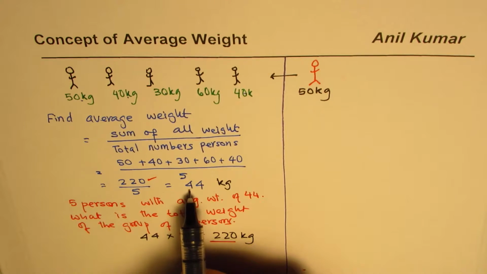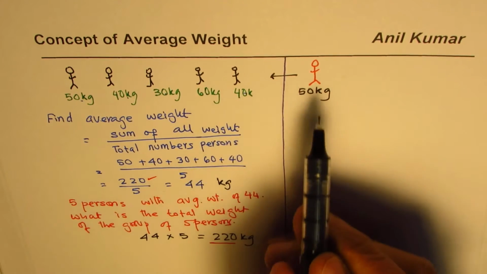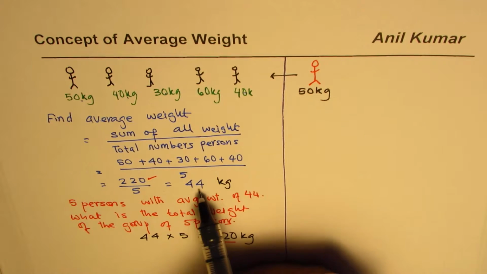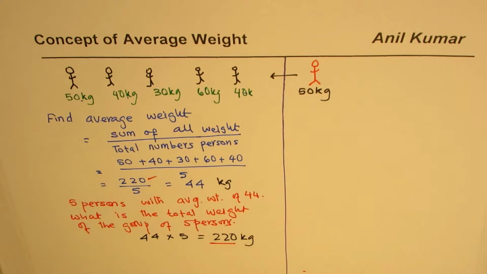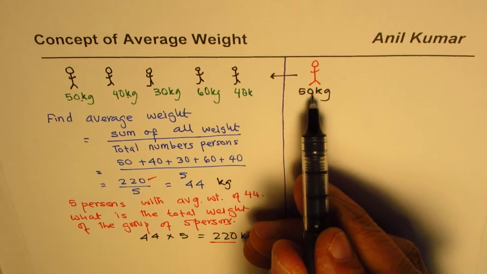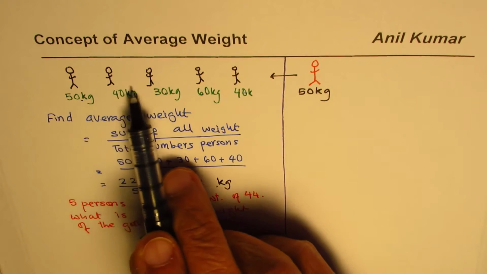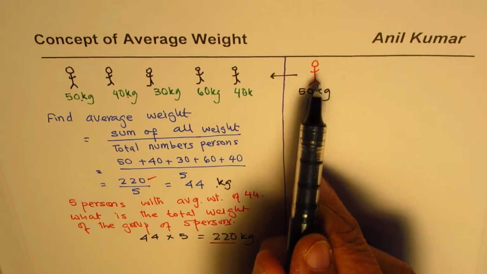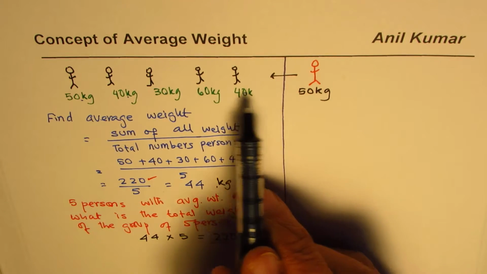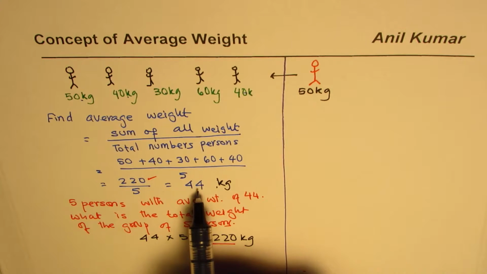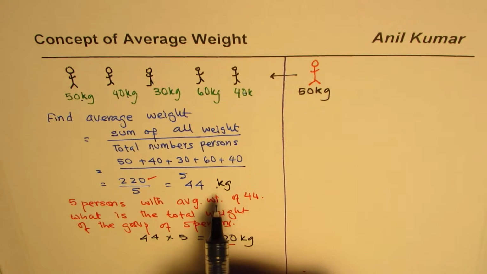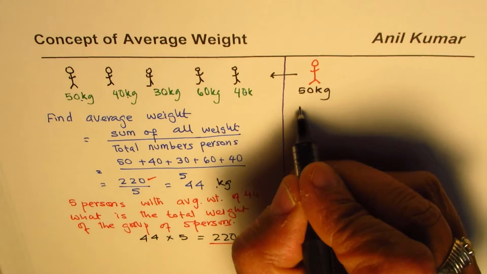Well, earlier the average weight was 44. Since this person is heavier than the average, the average weight of the group will increase. By how much? That is a good question. We can calculate, but it gives us an idea: the person is 6 kg over the average, and that 6 kg, when distributed to 6 persons including that person, should be 1 kg each. So we expect the average to increase by 1 kg. Does that make sense?